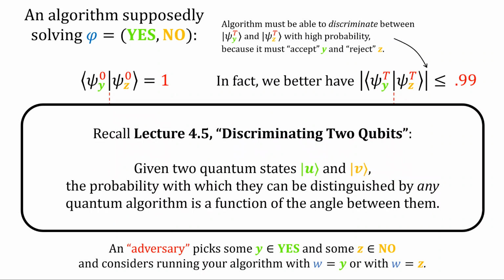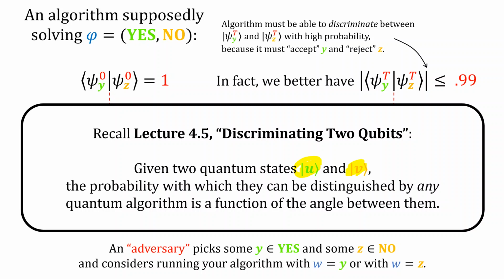The reason for that basically goes back to lecture 4.5, when we talked about discriminating two qubits, or in general two quantum states. We saw there that if you have any two quantum states, u and v, they don't even have to be qubit states, the extent to which any measurement can tell the difference between them is just a function of the angle between them. We gave an exact formula there.